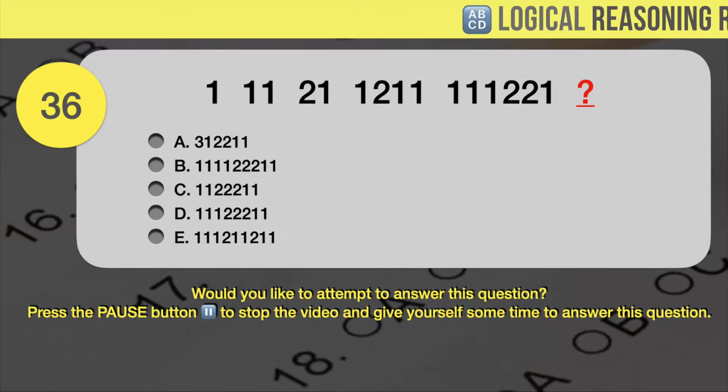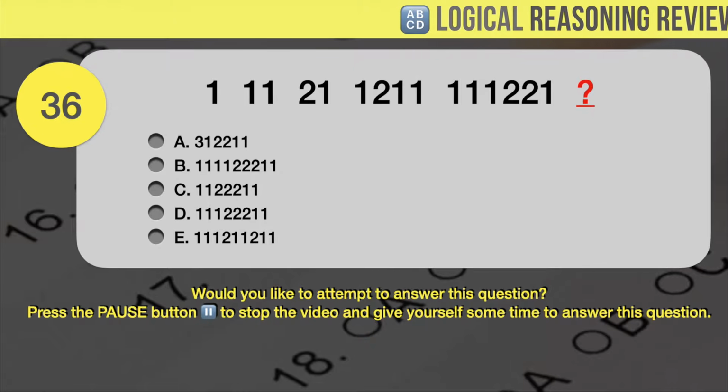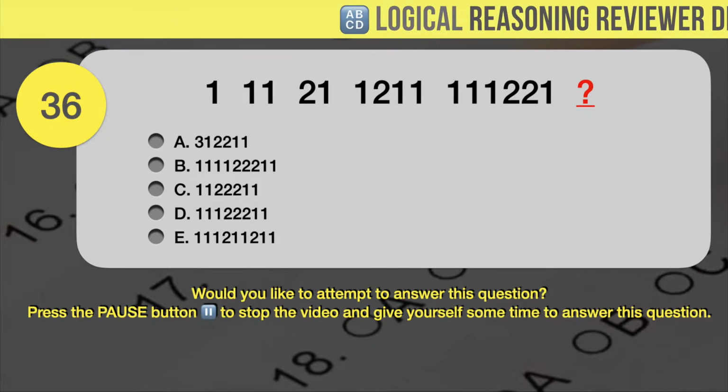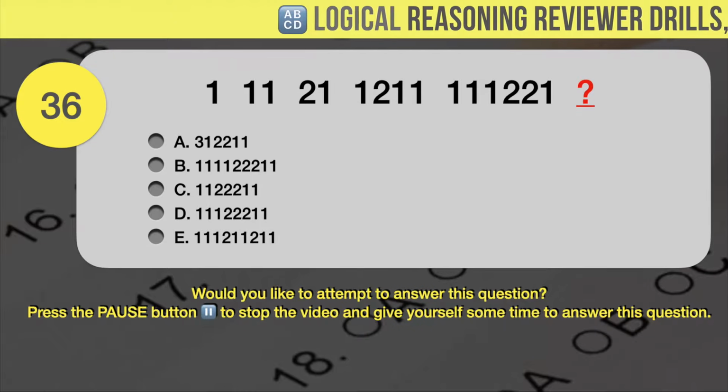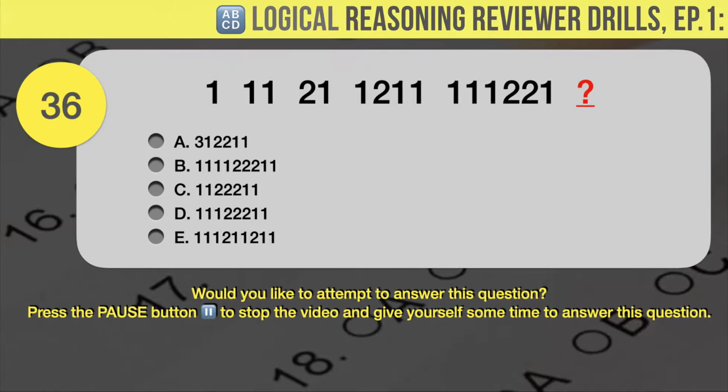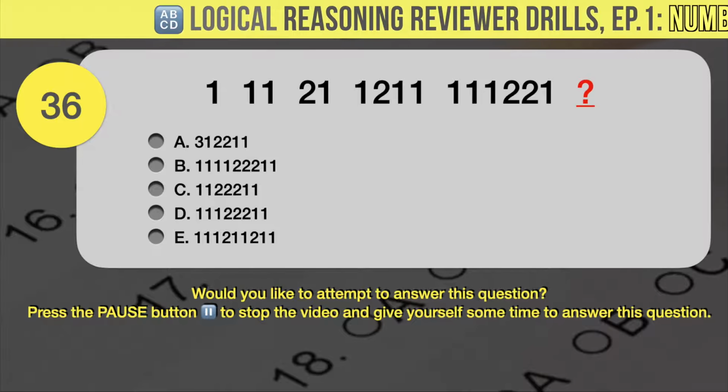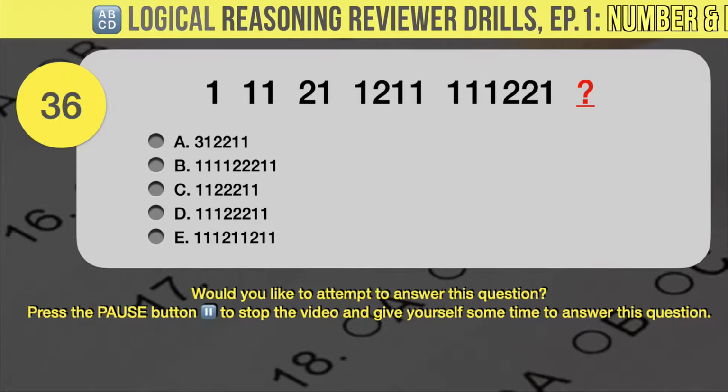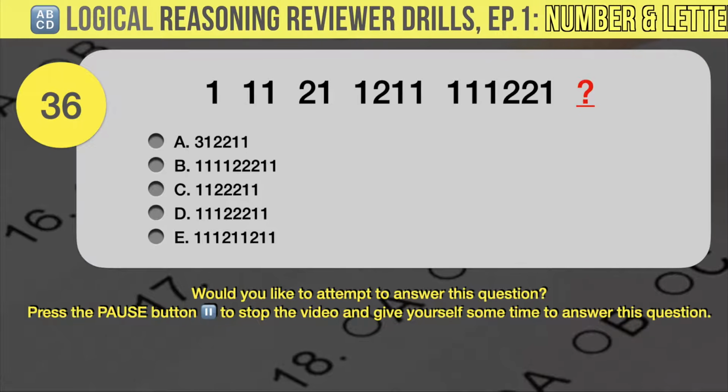Drill question number 36. Which number comes next in the following sequence? 1, 11, 21, 1211, 111221.